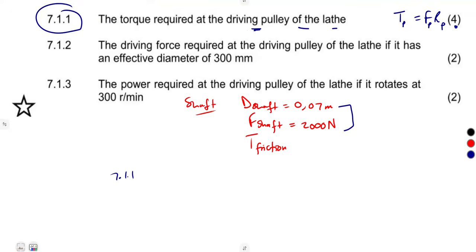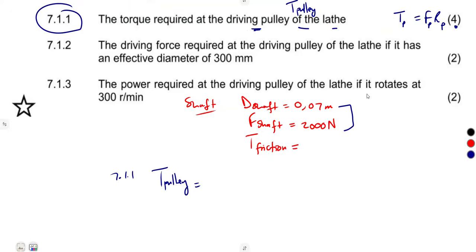So we can calculate the torque of the pulley if we can use the force of the driving pulley. But we do not have the force of the pulley. So here, what we can use is the friction.